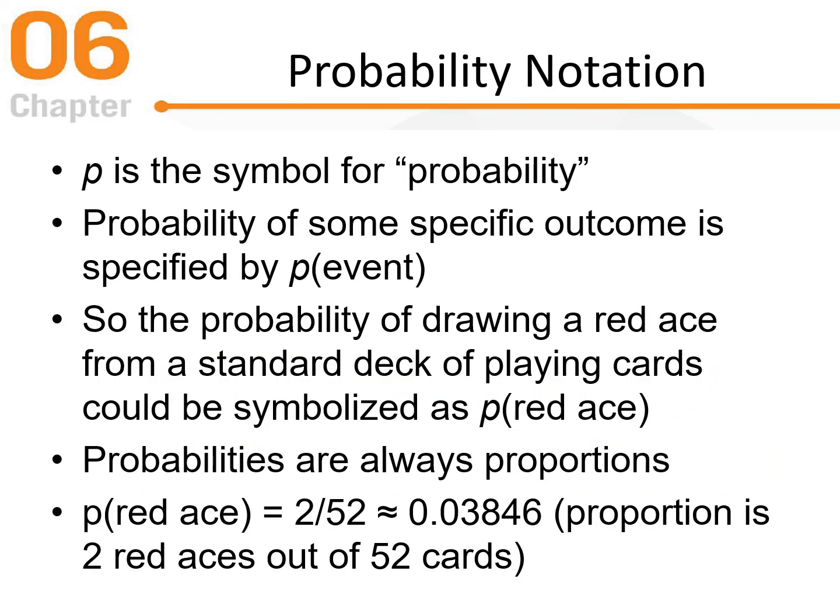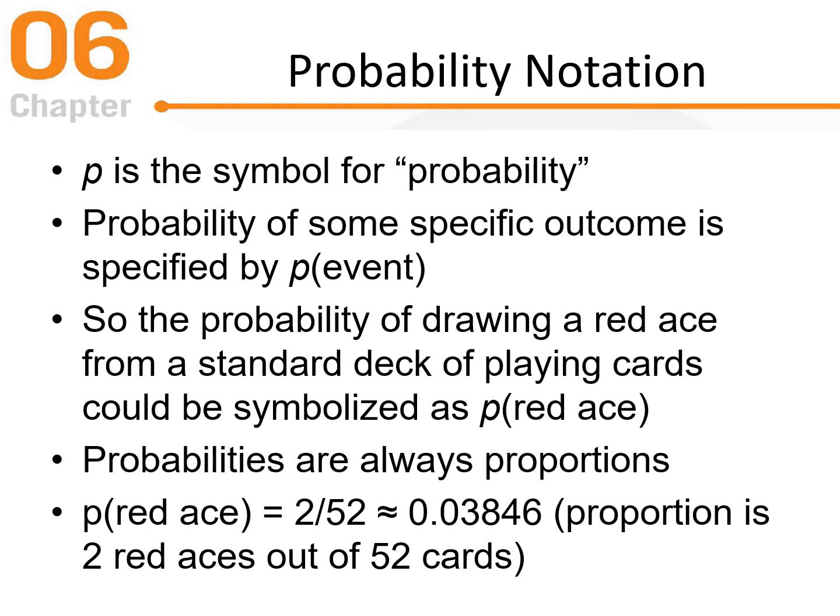So little p is the symbol for probability. So you see p, and in parentheses the event. Whatever you're looking for is in those parentheses. For example, the probability of drawing a red ace from a standard deck of cards is the probability of a red ace. Probabilities are always given as decimals or proportions.